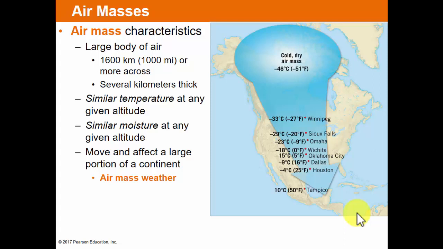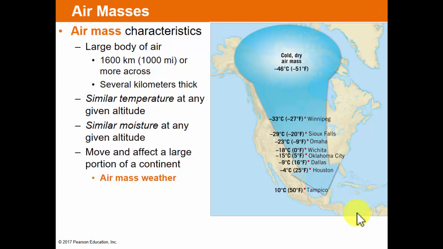There are about 5 different air masses, but the bottom line is an air mass is very large, 1,000 miles across or more, and several kilometers thick, an area of air with similar properties of temperature and moisture. Once air masses form over their source region, they will move, moved by the upper level winds, the jet stream winds, and as they move, they affect the weather.